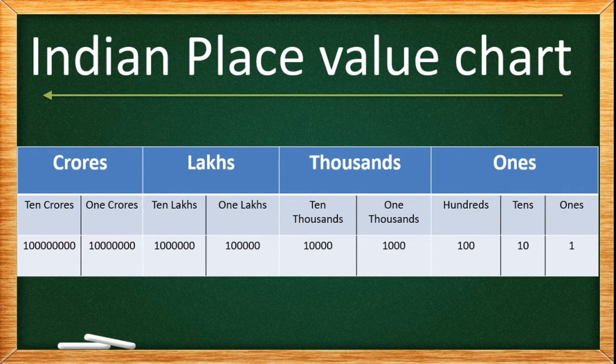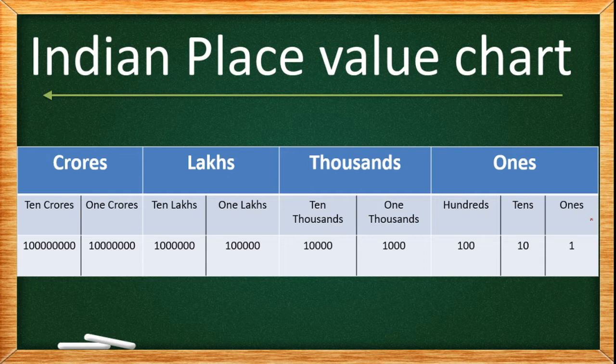The given table shows the Indian place value chart. As I said earlier, the rightmost digit has the lowest place value. So, here the places start from the right.